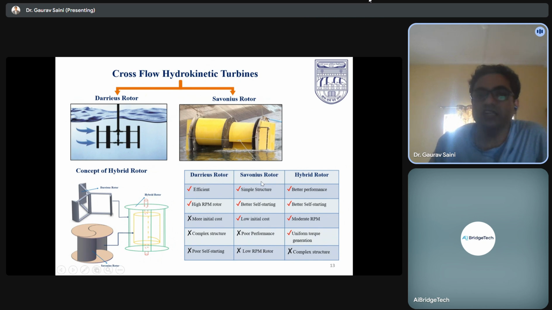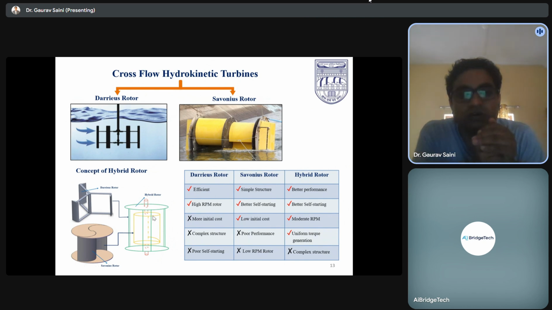In order to accommodate both rotors, or to minimize the drawbacks associated with the two rotors, what we have come up with is a hybrid rotor. The hybrid rotor is basically the combination of the Darrieus and the Savonius rotor. In case of this hybrid, we keep the Darrieus on the outside, and the Savonius rotor is inside of it. This was proposed because we were trying to have self-starting capabilities without reducing the overall performance of the system.